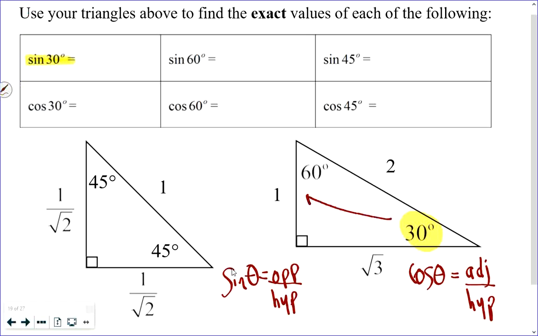Well, this is opposite to the 30 degrees, and this is the hypotenuse. So the sine of 30 degrees is opposite over hypotenuse, which is 1 over 2. By the way, all that's saying is the shortest side in a 30-degree triangle is half of the hypotenuse.